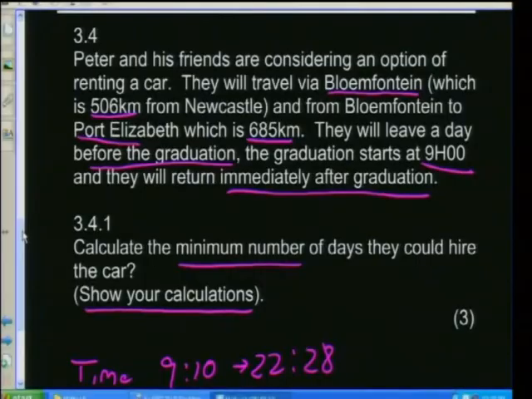Now, this tells us in the text that they're going to leave immediately after graduation. The little fact that we're missing from this question is we don't know how long graduation is. I want you to all take a deep breath and don't let that fact throw you.